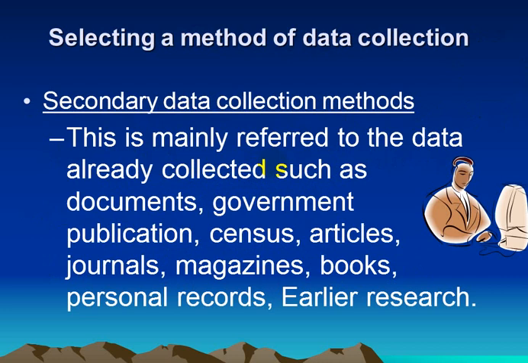This is the definition or explanation of secondary data collection methods. It mainly refers to data already gathered, such as documents, government publications, census, articles, journals, magazines, books, personal records, or earlier research.